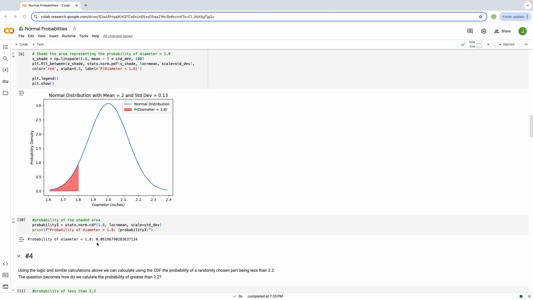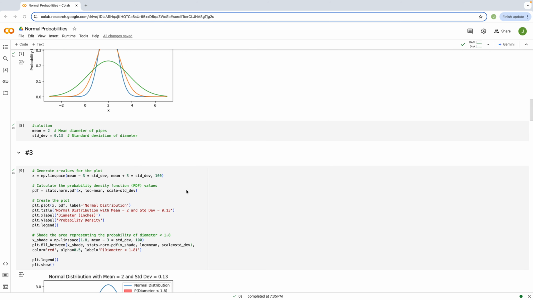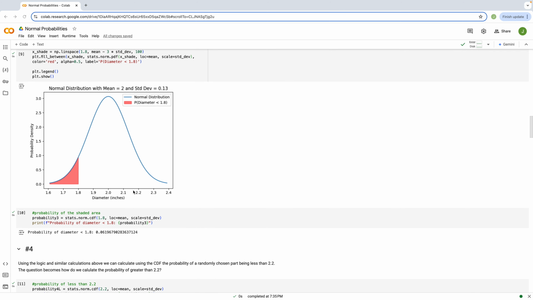Okay, the next question, question 4 here, asks us to use the normal distribution to determine the probability a randomly chosen part has a diameter of 2.2 inches or more. So remember, we calculated less. What are we going to do with more?